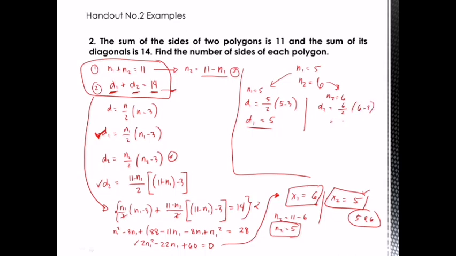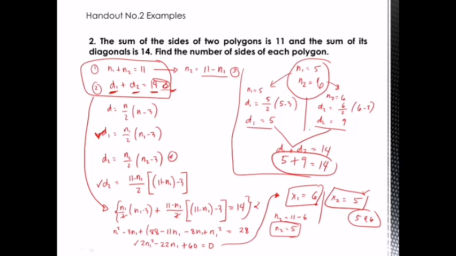That's 3 times 3 is 9. D2 is 9. So 5 plus 9 is 14. So D1 plus D2 should be 14 from the given in the problem, which is 5 plus 9 equals 14. So it fits. Your trial and error, guessing N1 is 5 and N2 is 6, also works. So this is like a shortcut, but the long method is this.